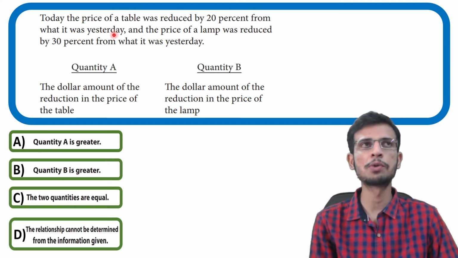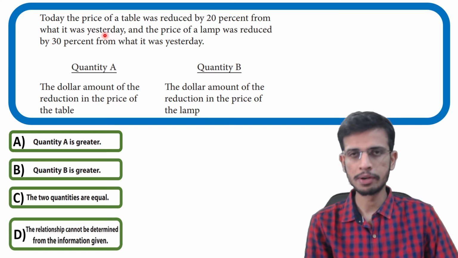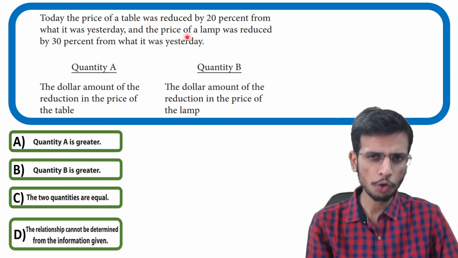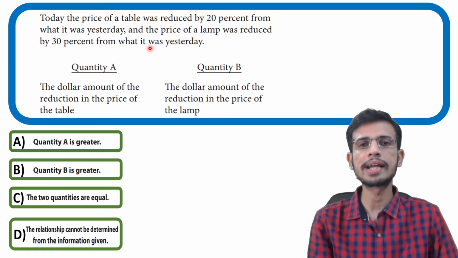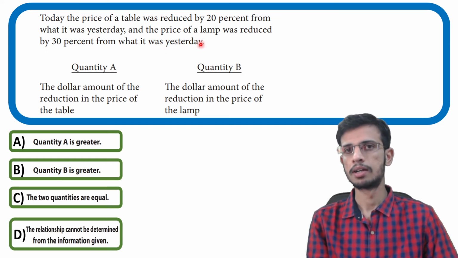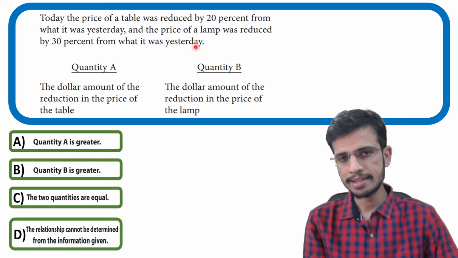If yesterday's price was 100, then today's price will be reduced by 20. And the price of a lamp was reduced by 30% from what it was yesterday. So this is our given data.